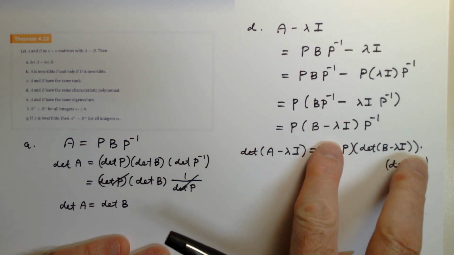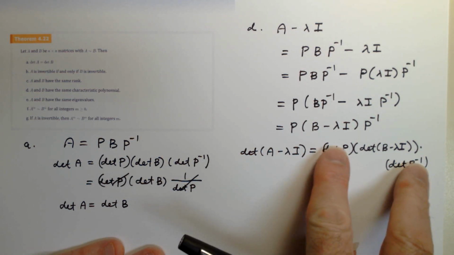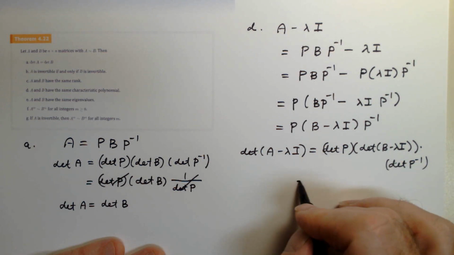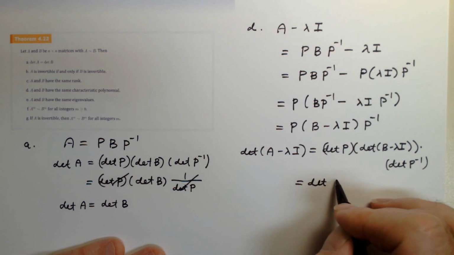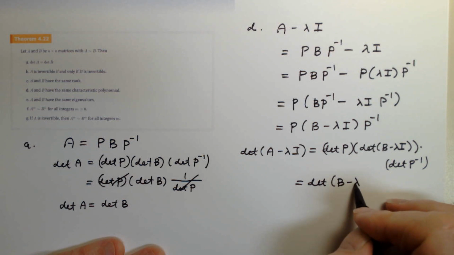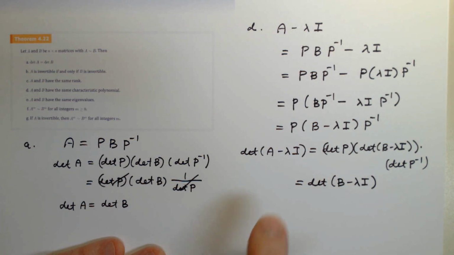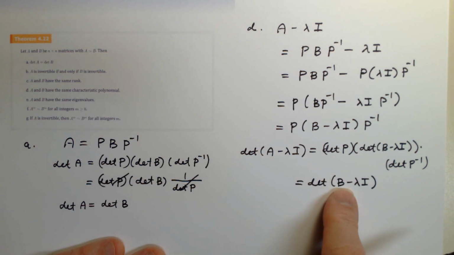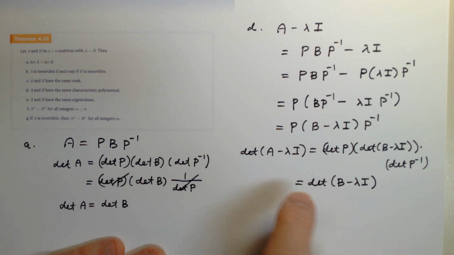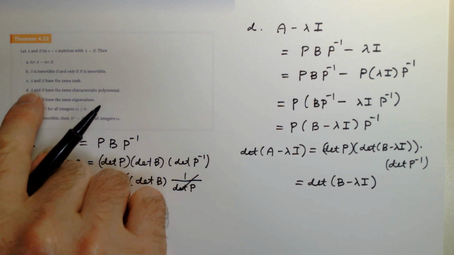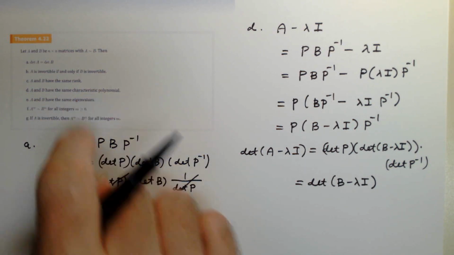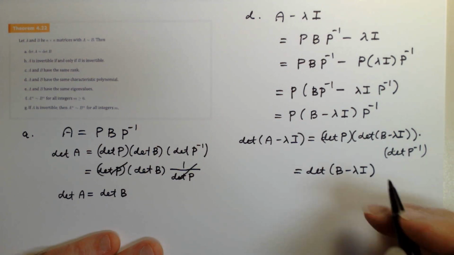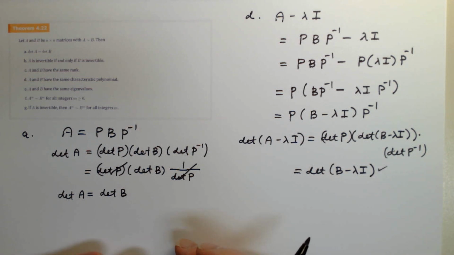Okay, and then we'll use the fact that these two are reciprocals, so they multiply to 1. So this is just going to be equal to the determinant of B minus lambda I. And this is the characteristic polynomial of the matrix A, and this is the characteristic polynomial of the matrix B. And so what this is showing is that A and B have the same characteristic polynomial. And so that fulfills the requirements for part D.